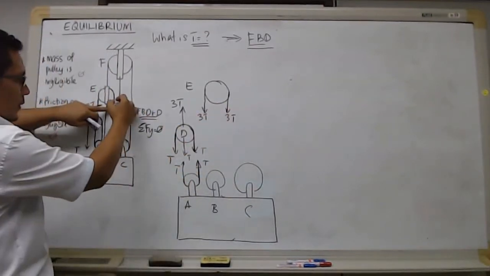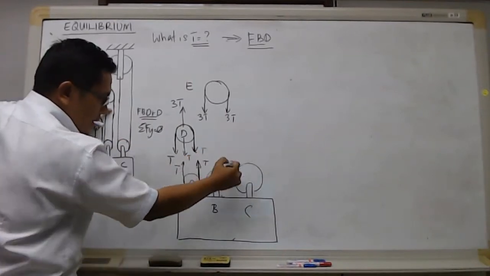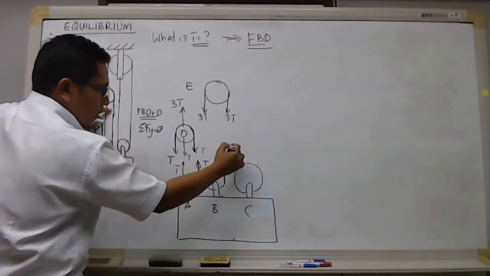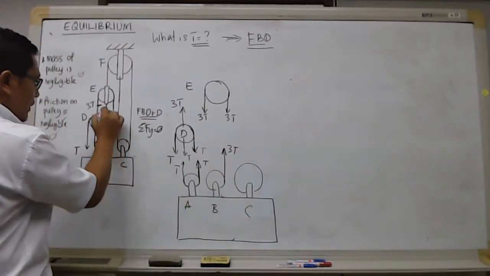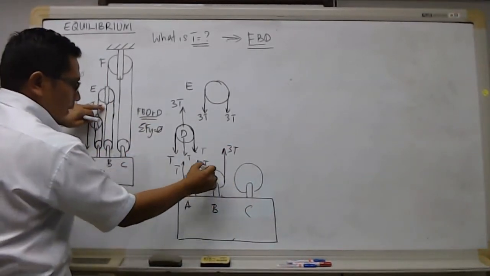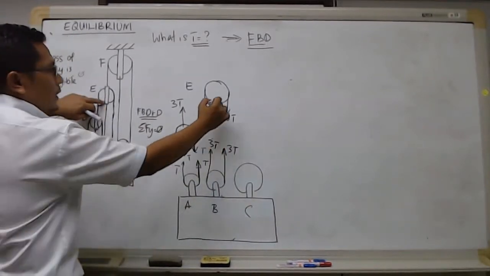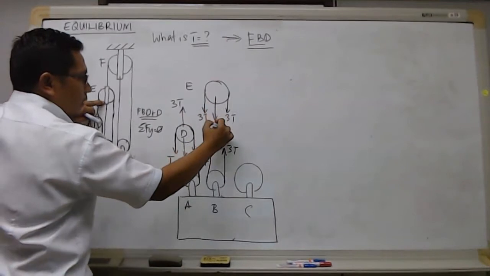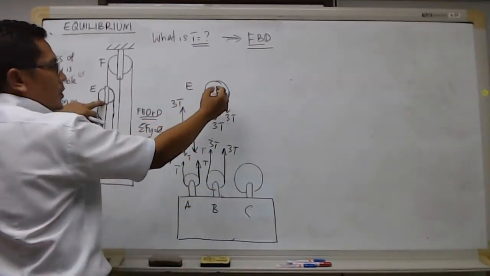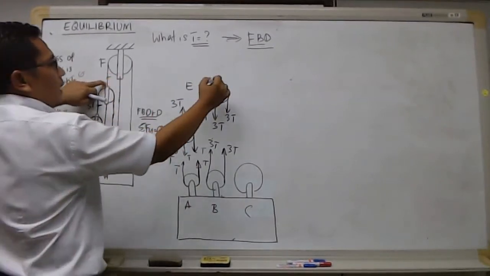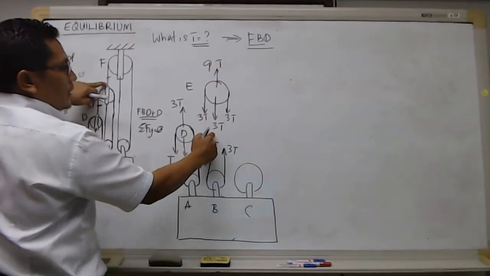And the same cable goes down to pulley B, so pulley B has 3T, and the same cable wrapped on pulley B goes here, having 3T, and the cable here also has 3T. Again, summation of force Y is 0, so this cable here is 9T, 3 plus 3 plus T.